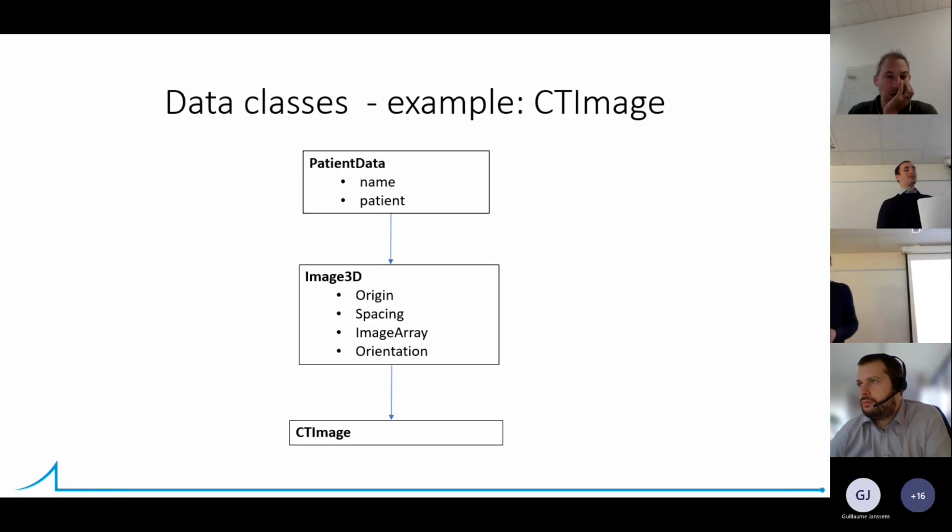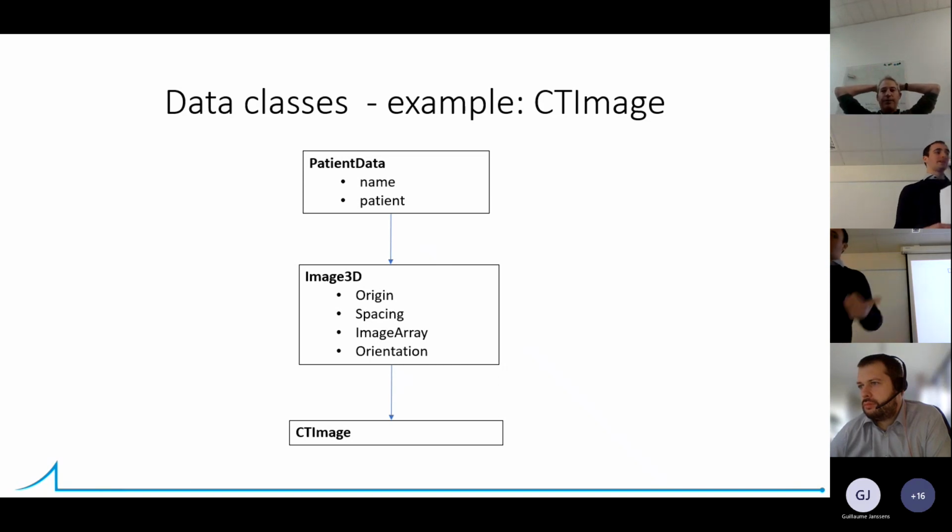If we look, for example, at the data class CTImage, you can see that it inherits the Image3D data class, which is a generic class for 3D images with an origin, spacing, image array, orientation, and so on, which itself inherits PatientData, which has 2 fields: the name of this data and a field patient, indicating that this patient data belongs to that patient.